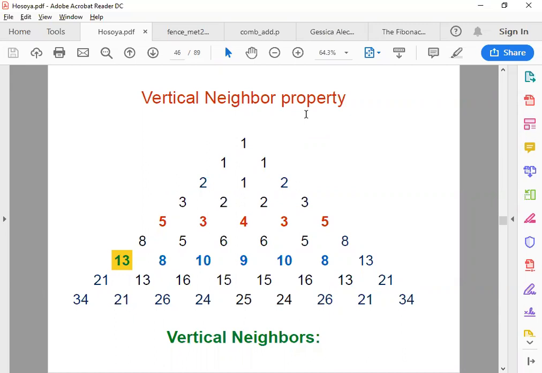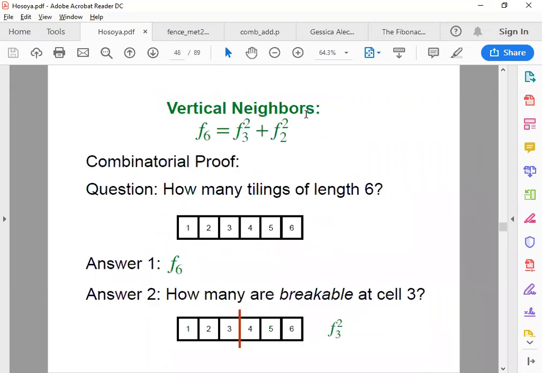All right, so let's start with maybe the easiest one, the vertical neighbors property. 5 plus 8 is 13, 3 plus 10 is 13, 4 plus 9 is 13. In Fibonacci language, this is saying F3 squared plus F2 squared is F6. These have all been done in the past combinatorially, but let's see what they're saying here.